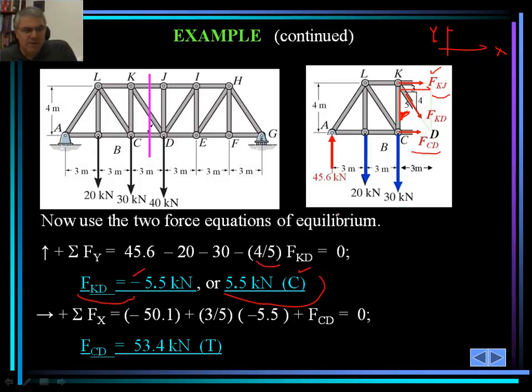As such, F sub cd would be calculated as a positive number, 53.4 kilonewton, and that means the member is in tension, since the original assumption of tension pointing away from the joint is correct.